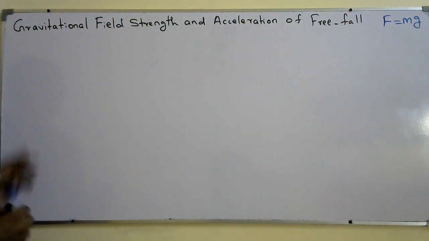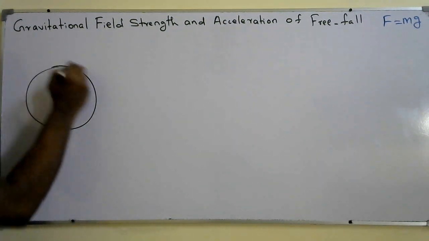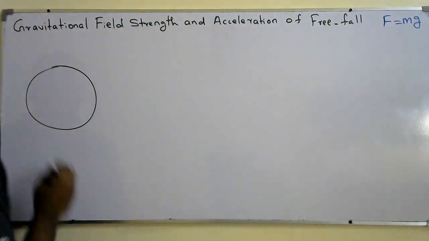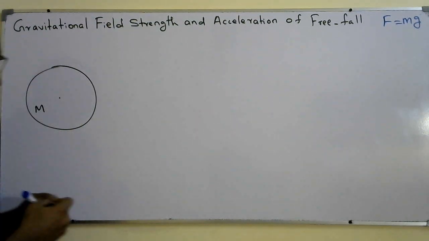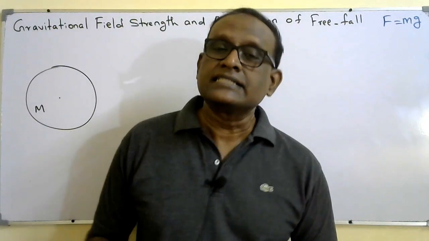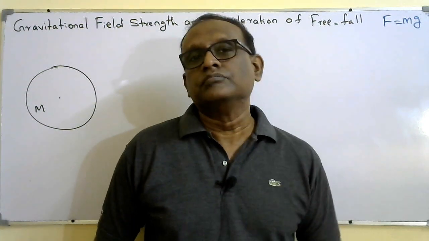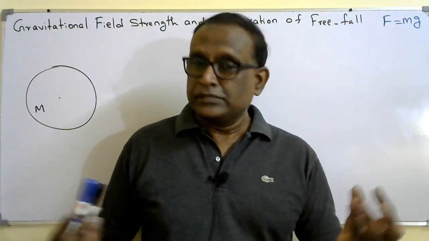Okay, now we'll consider whether they are the same. So for that we'll consider a planet or moon or galaxy, whatever it is. Its mass, let it be capital M. In this topic, remember that the distances are always measured from the center of mass to center of mass. In electric field, for point charges, we don't consider the dimension of a point charge.